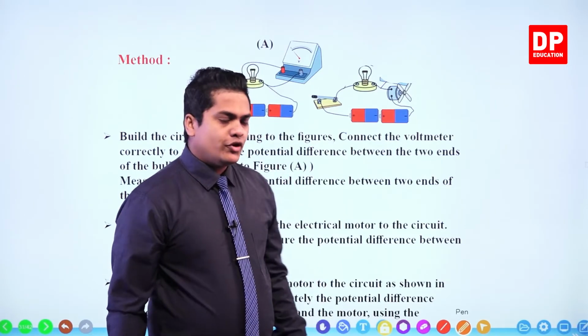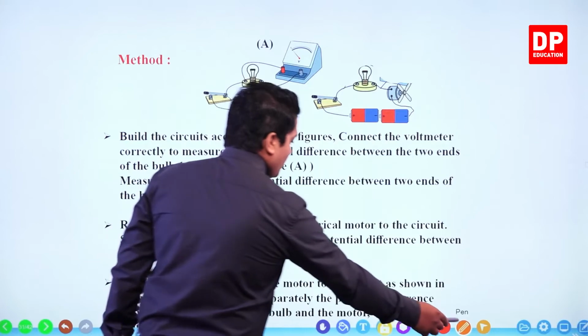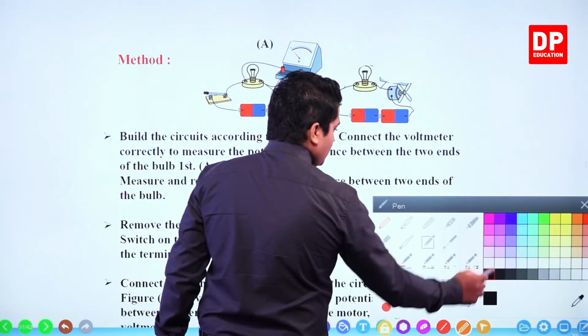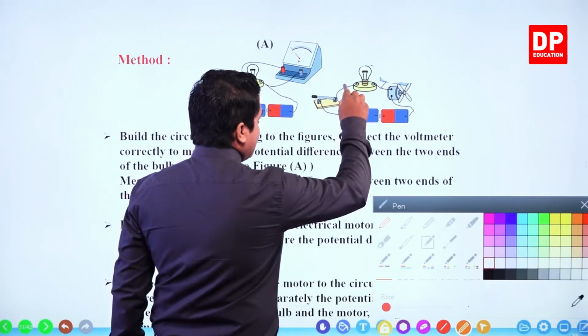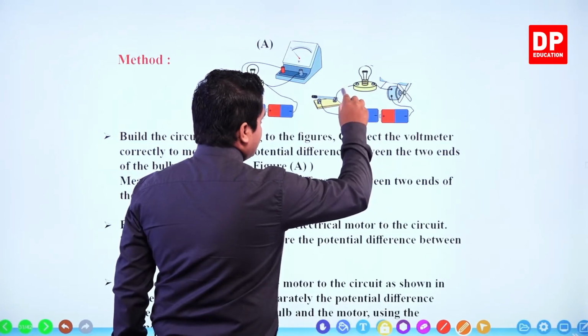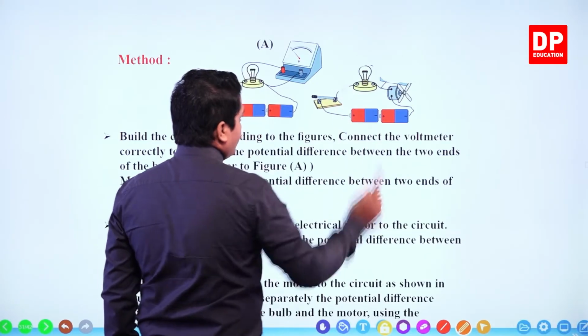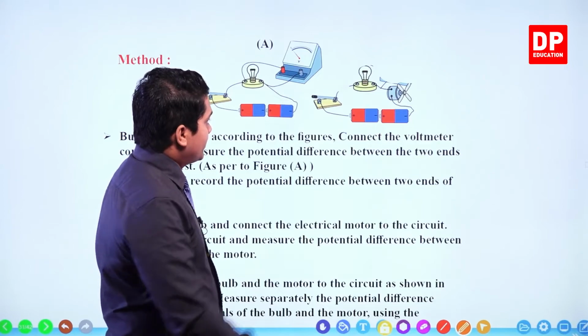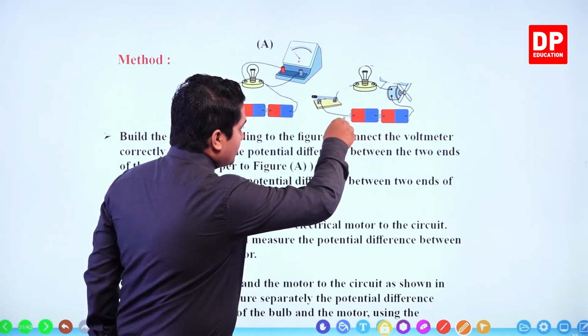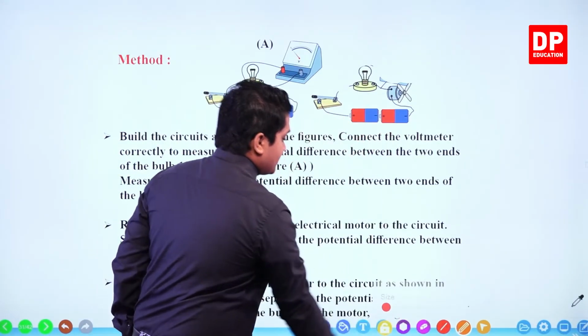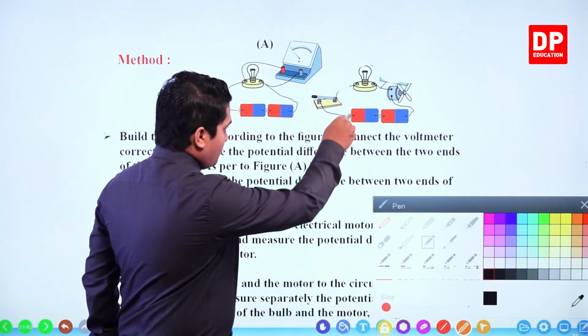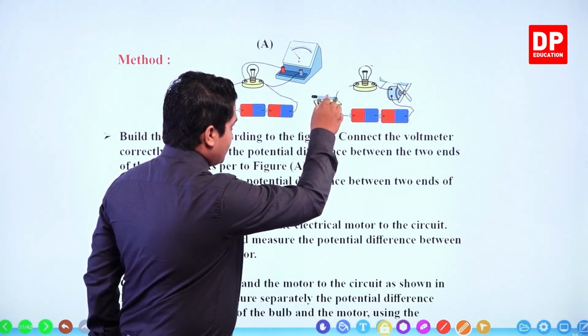So what I'm going to do is a simple disconnection like this. So I have disconnected it now. Here the electricity is passing from the positive terminal to here, to here, to here, to the switch.